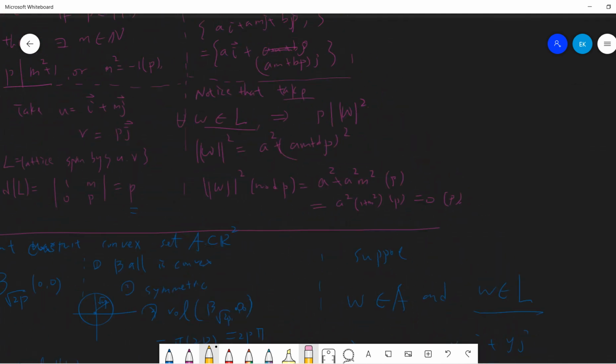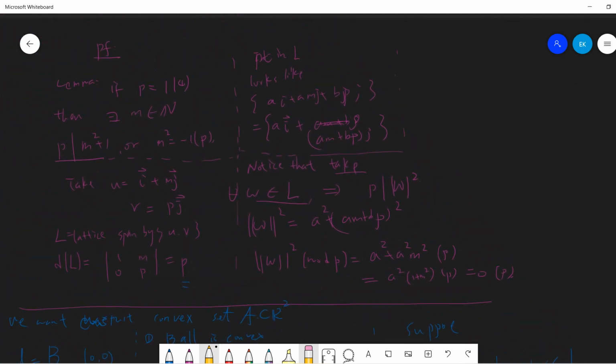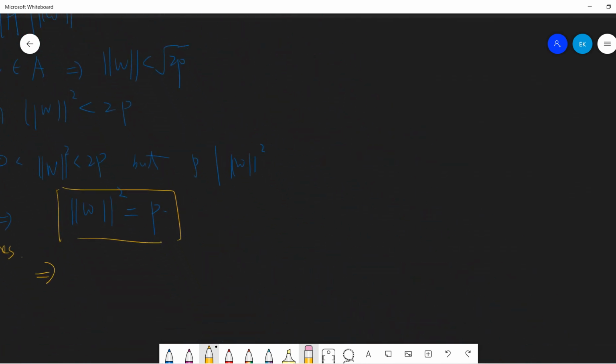Sorry, I have a technical point which I didn't mention. Minkowski says that A contains a non-zero integer point, otherwise the statement is trivial.